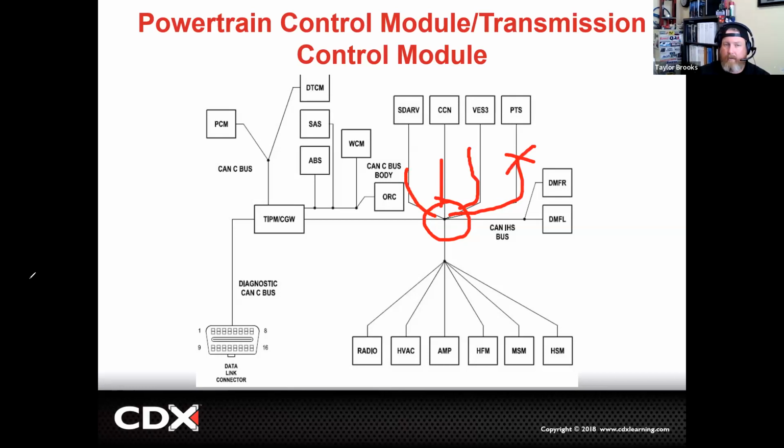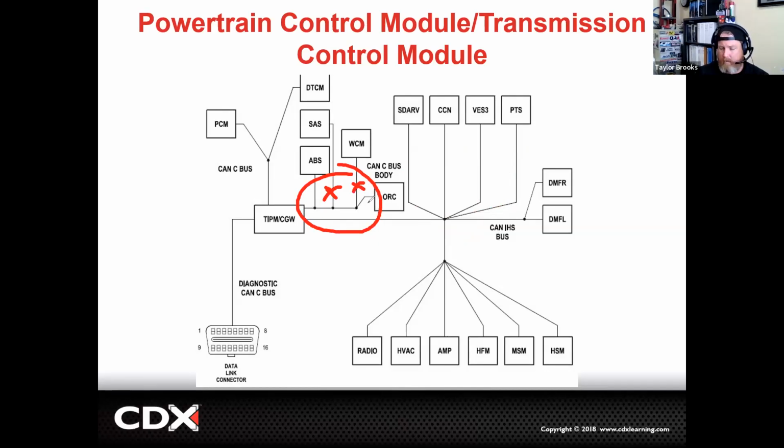We can also have a daisy chain, and that is what this leg of modules is. So the downside is, let's say the SAS goes dead communicating. Well, that means we will also lose the WCM, the wireless control module, which is usually for ignition and smart keys, and then the occupant control module, because those are all on the other end of the leg, and therefore that chain has been broken.